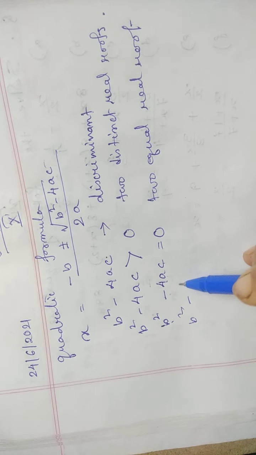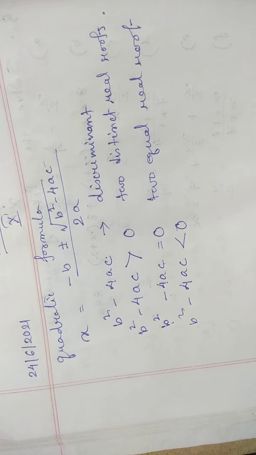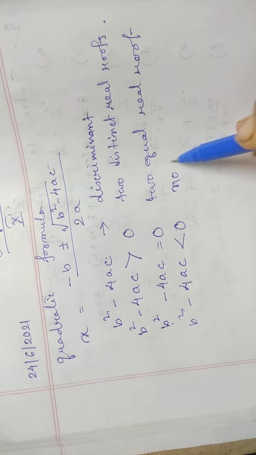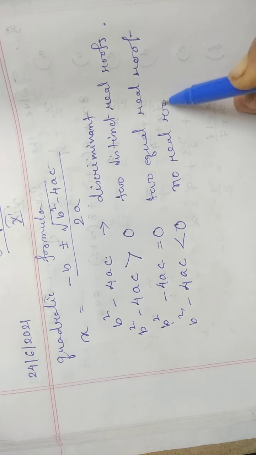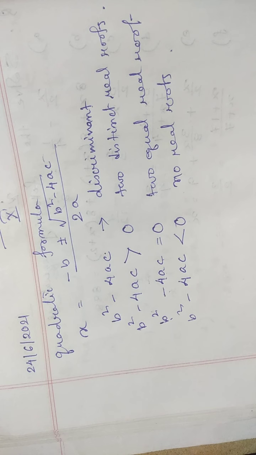If b square minus 4ac is less than 0, then what will be the nature of the roots? You find no real roots. In that case you can't find any roots.